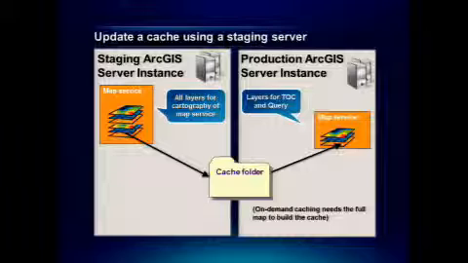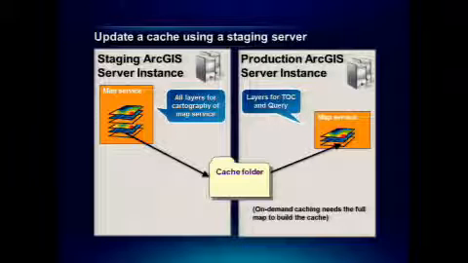This slide is true in 10 and 9.3 and before, in that one of the ways that we recommend building cache is by taking advantage of your staging server that's running behind your production ArcGIS server.